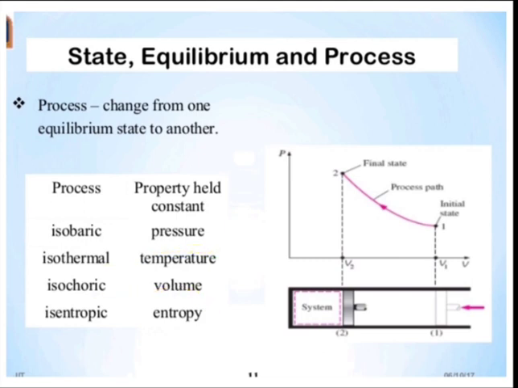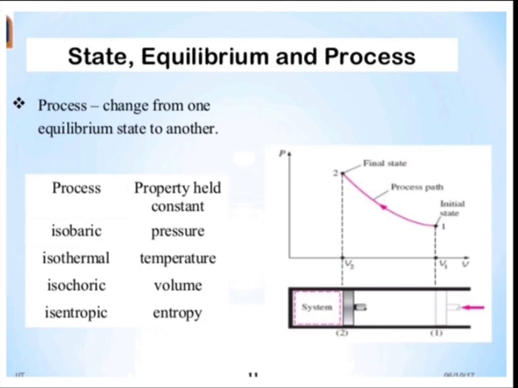So see, this is our system, and from here the pressure is applied. Initially the piston is here. At that time the volume is V1 and the system is at the initial state. As time goes on and we apply pressure using the piston, the volume reduces to V2, and this is our final state. From the initial state to the final state, there is a movement of the piston.